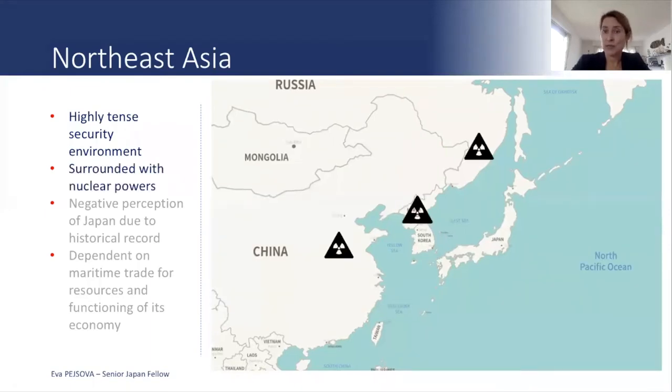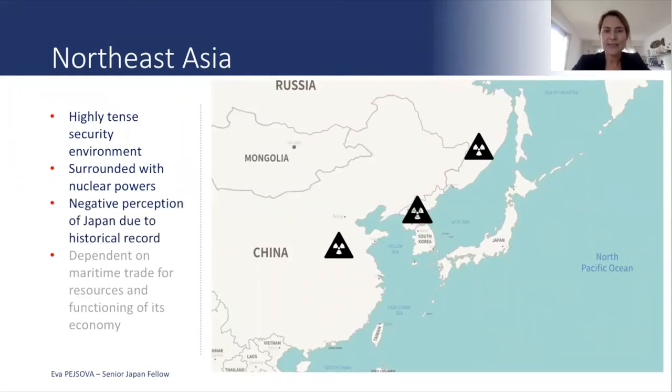It is surrounded by nuclear powers, Russia, China, and of course, North Korea, without any offensive capabilities or nuclear power of its own. It is also surrounded by countries that keep a very negative image of Japan, a legacy of its imperialist expansion, and that perpetuate and exploit this image in their nationalist discourse.